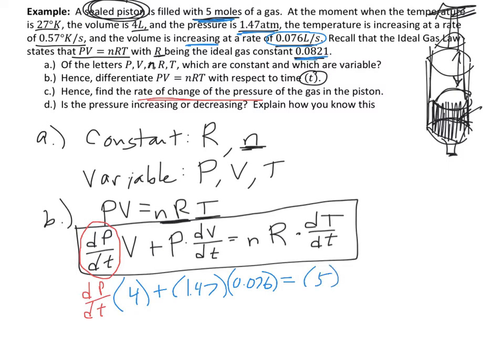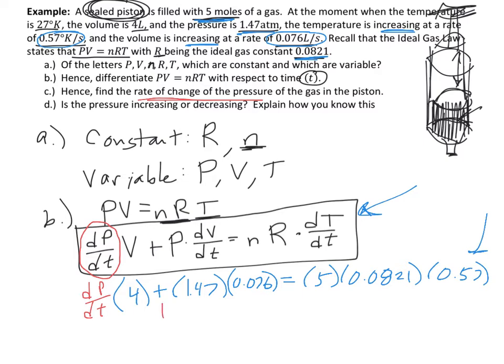Sure, R is the ideal gas constant, 0.0821. And do I know what dT/dt is? Yeah, it says the temperature is increasing at this rate, 0.57 degrees Kelvin per second. And so we did this heavy lifting of doing this weird derivative, and then the next step was just recognizing, hey, cool, I can just plug in the numbers and solve for this thing, right? Now this is definitely going to require a calculator for us to solve it.